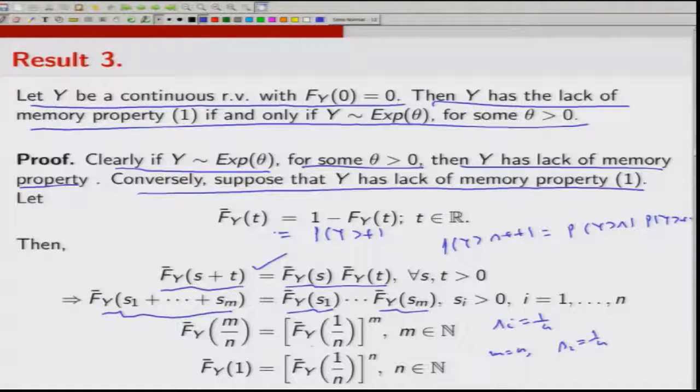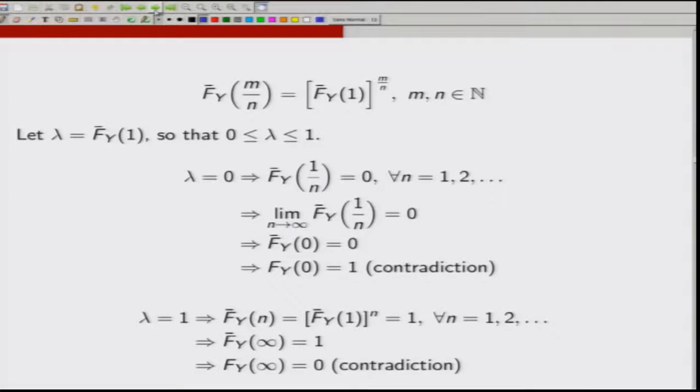So, this f bar y n I replace here by f bar y to power 1 by n. So, then it becomes f bar y to power m by n is same as f bar y 1 to power m by n. So, that is what we get. So, f bar y m by n is same as f bar y 1 whole power m by n.